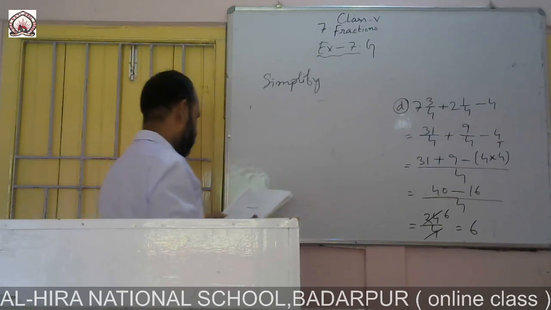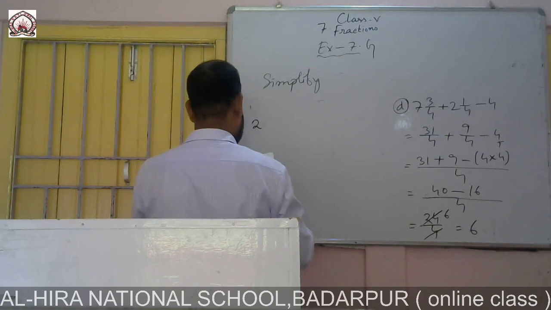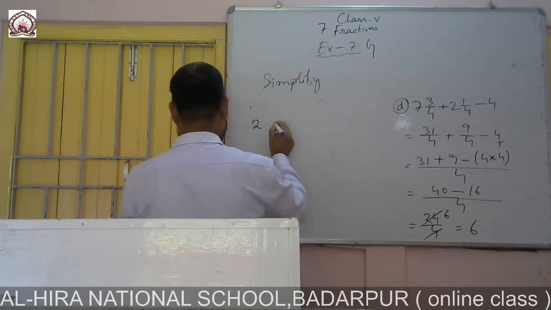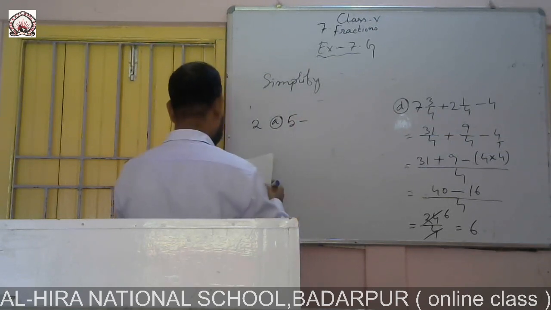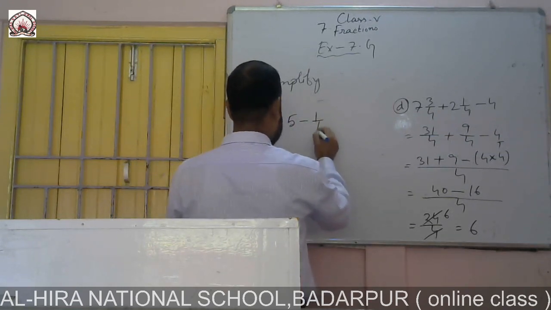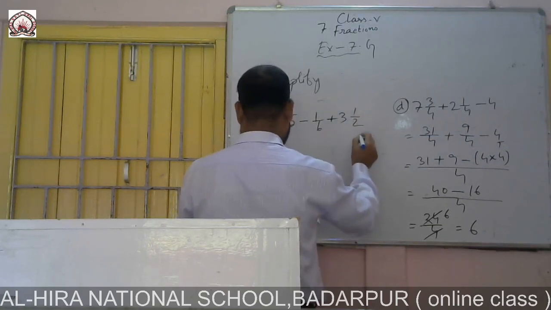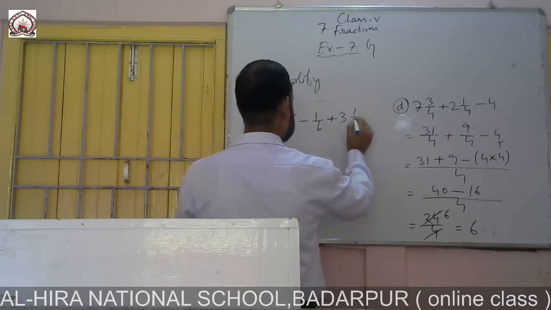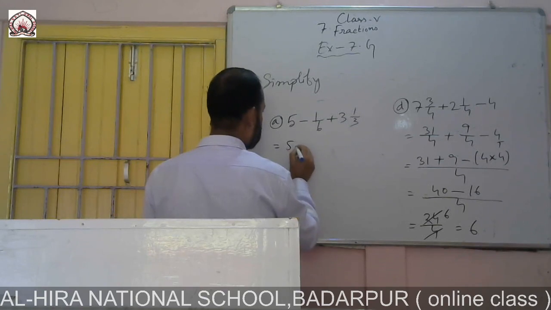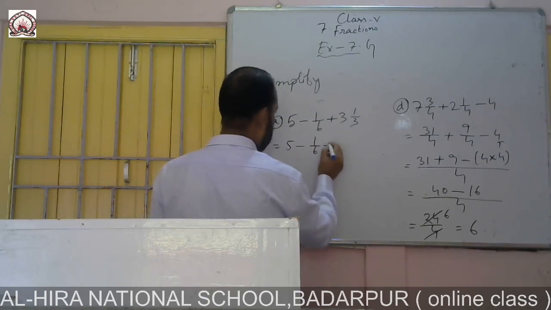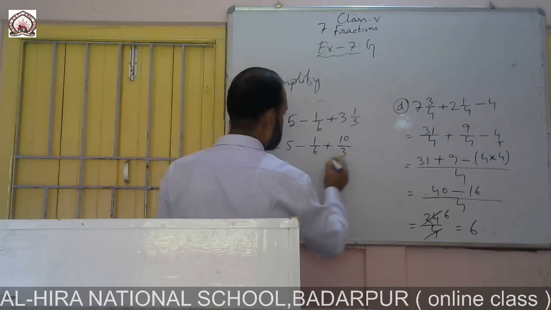Question number 2A. 5 minus 1 by 6 plus 3 and 1 by 3. Here 5 minus 1 by 6 plus 3 threes are 9 plus 1 is 10 by 3.